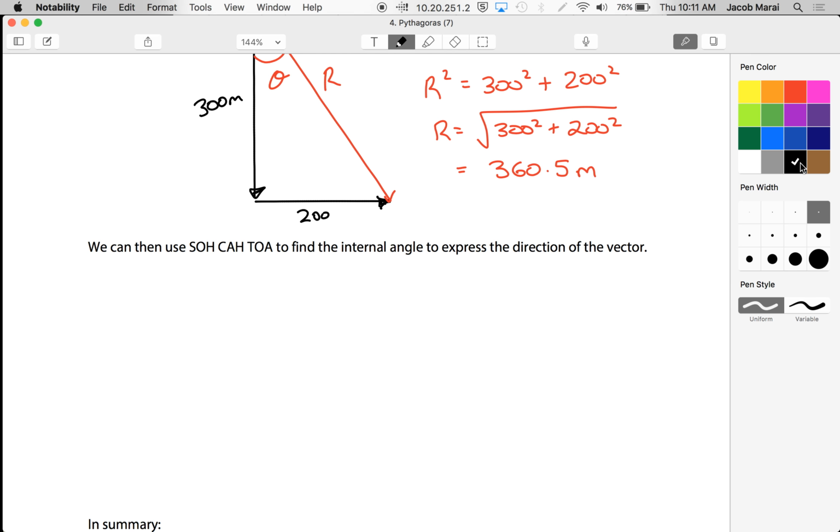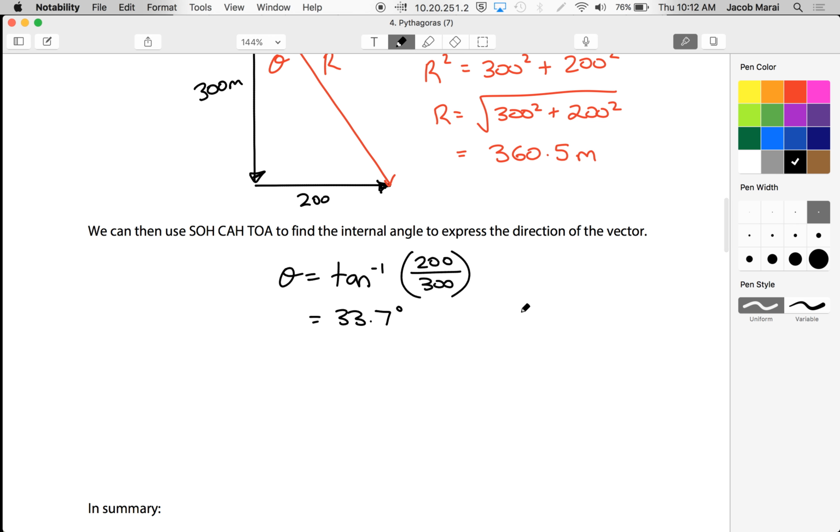So that's why I always say just use tan. We'll go, the angle is the arctan of opposite over adjacent, which gives an angle of 33.7 degrees.